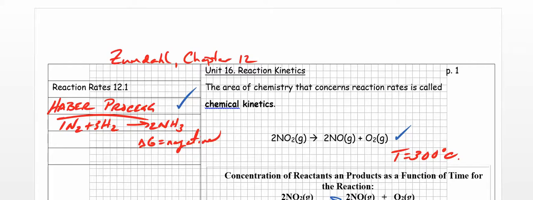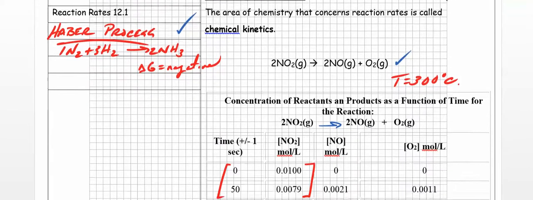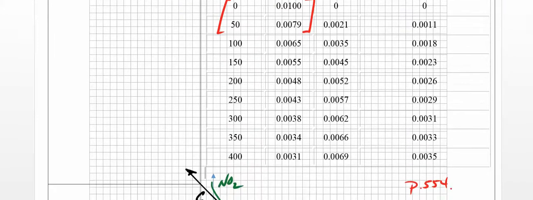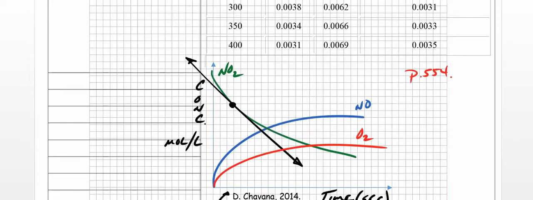That would explain why, on this graph, NO is approximately twice as tall at some advanced time as O2. Nonetheless, the overall picture is that NO2 is decreasing, NO is increasing, and O2 is increasing, but not as much.